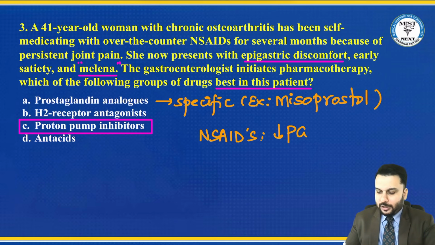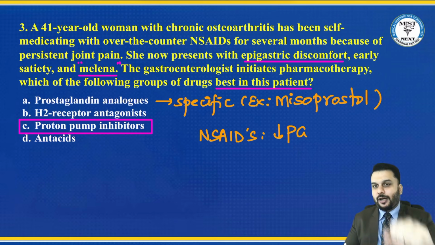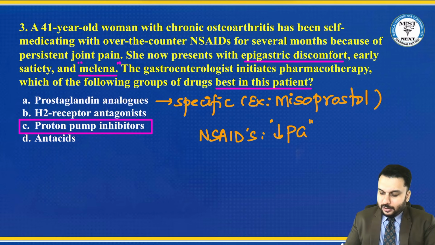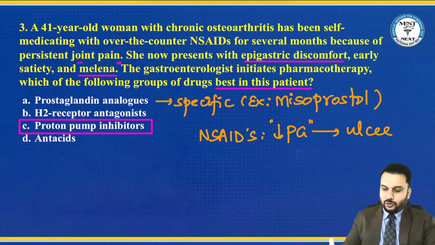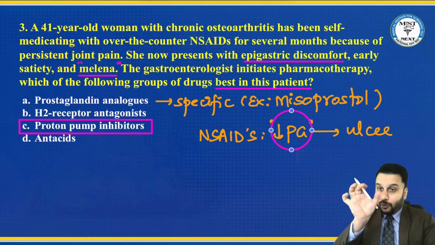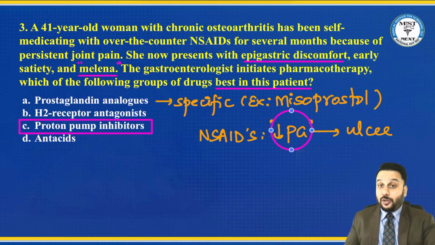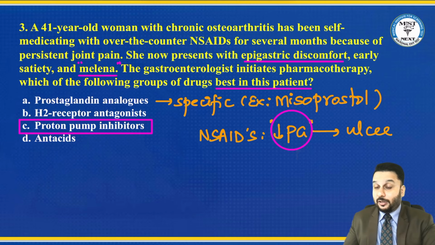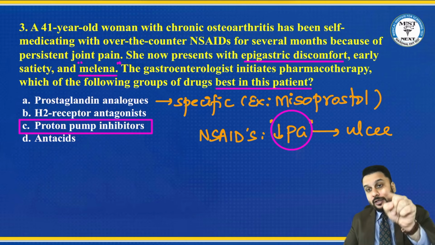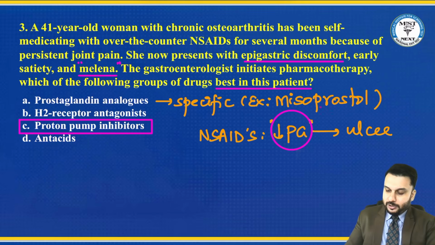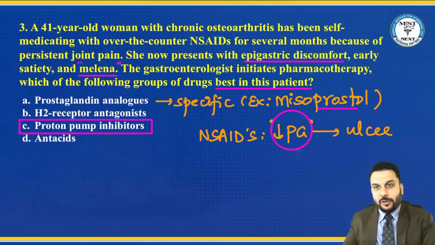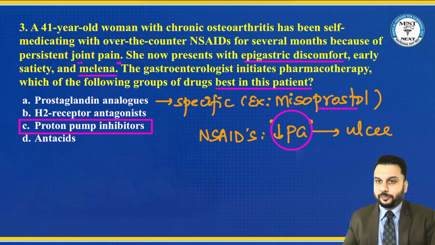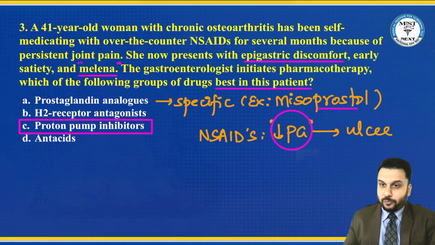By blocking the COX enzyme, they reduce prostaglandins in the body. And when there is reduction in the prostaglandin, it leads to ulcer. So if I ask you what is the reason ulcer happens due to NSAIDs, you should say because of reduction in the prostaglandin. So if less prostaglandin causes ulcer, how can you specifically treat that? Increase the prostaglandin. And if you want to increase the prostaglandin, you must give prostaglandin from outside. Example, misoprostol, which is a PGE1, prostaglandin E1, right? So that's about it.